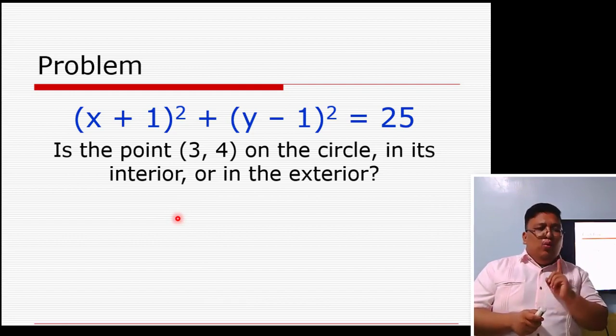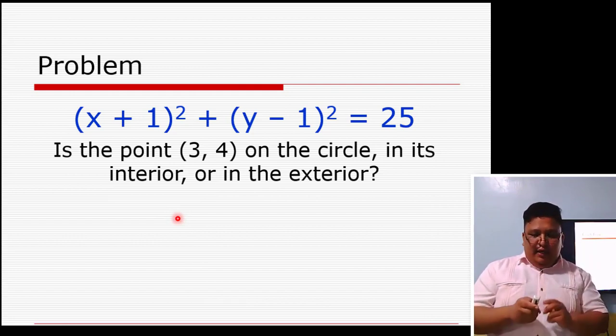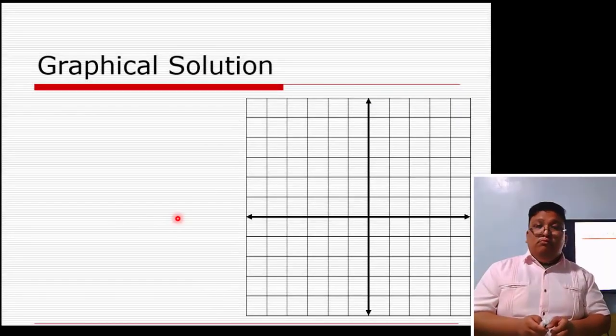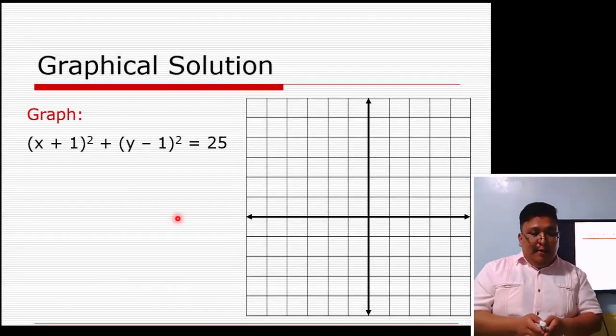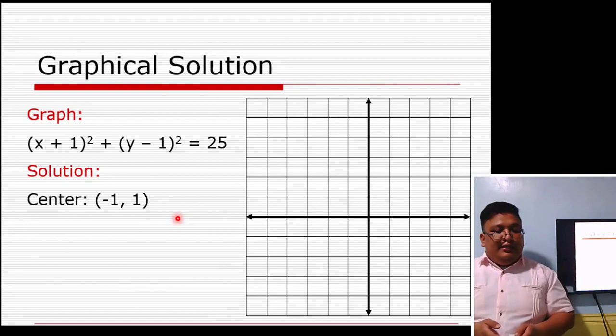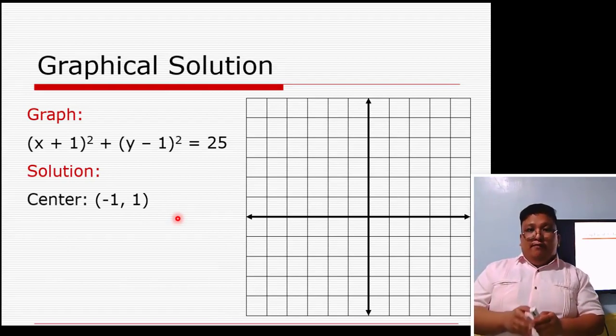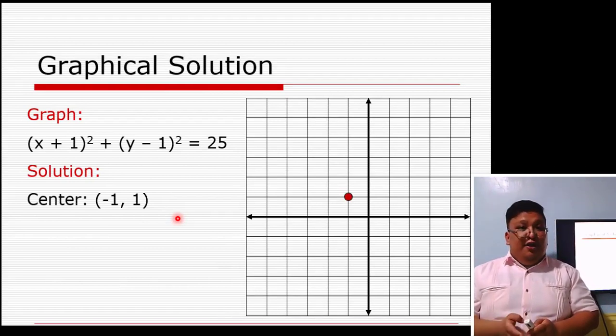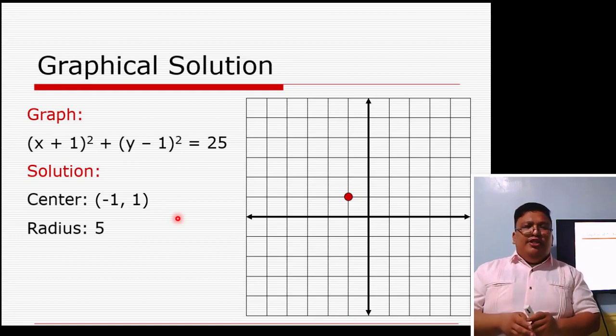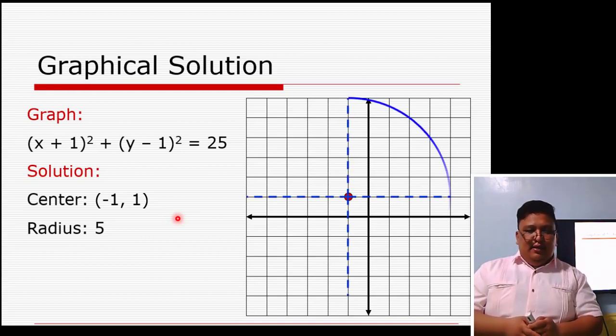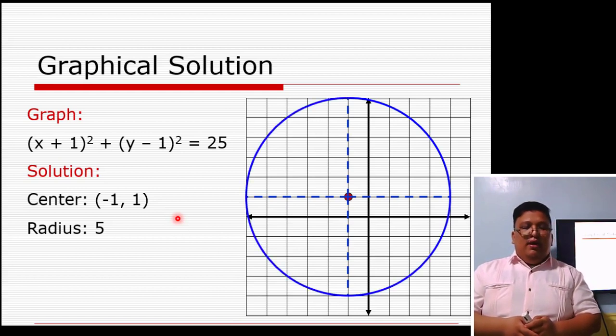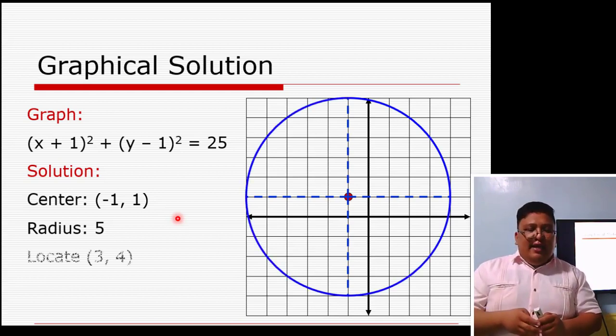So first, we need to graph the given equation. Okay, graph it. The center is (negative 1, positive 1). There you go. And our radius is of length 5. Then let us draw it. From then, let us locate (3, 4).